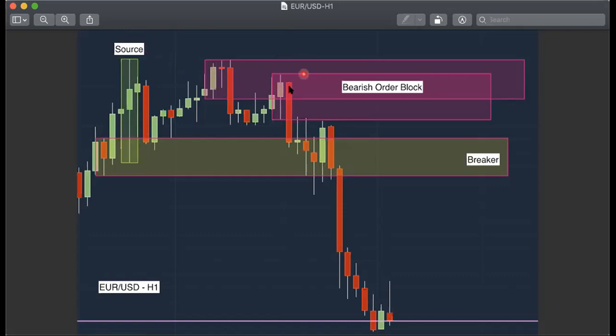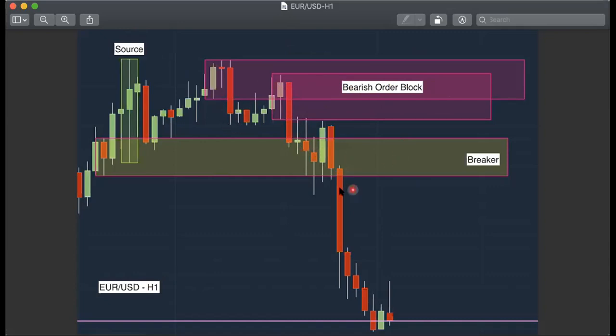Otherwise we could have source here, and these two are the bearish order block. Remember this time frame is H1 and we are getting two normal bearish order blocks here, last push up, down, last push up, down. So this is the bearish order block and this is the breaker.